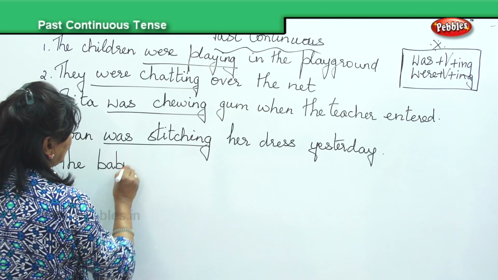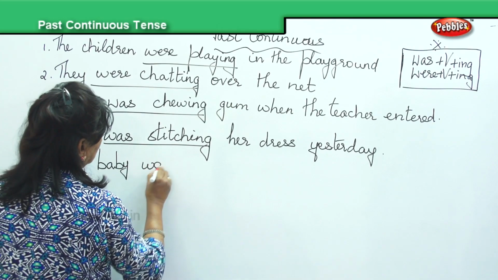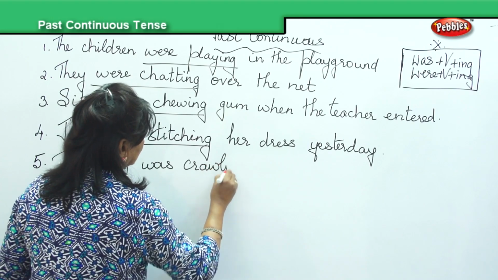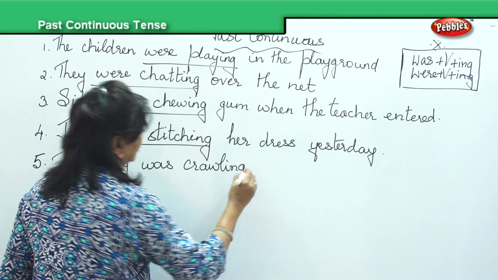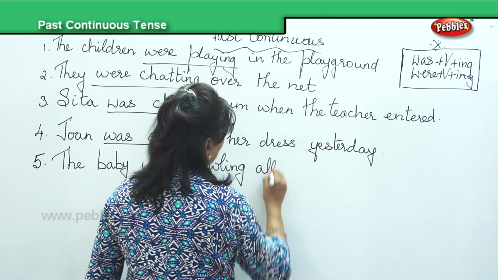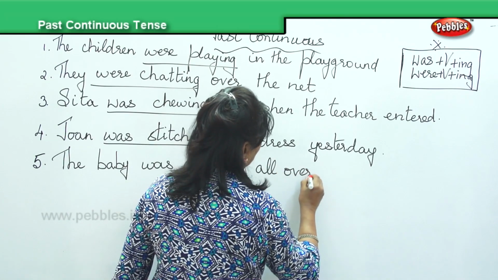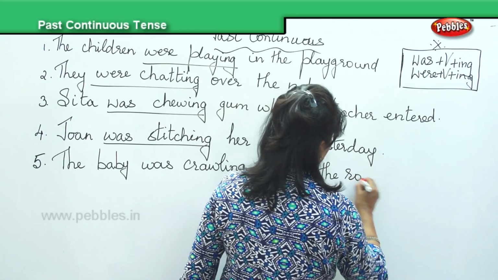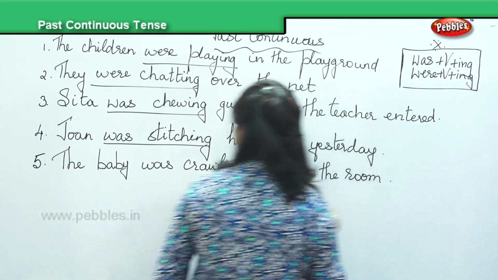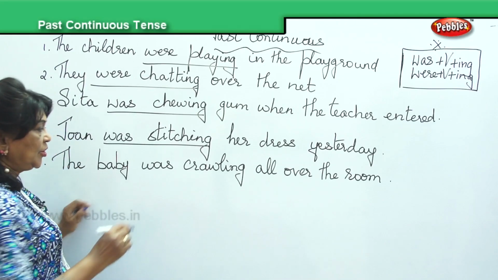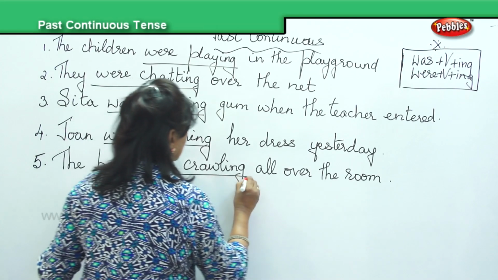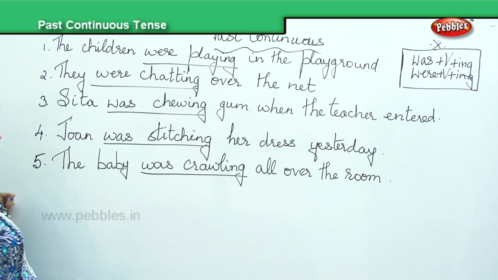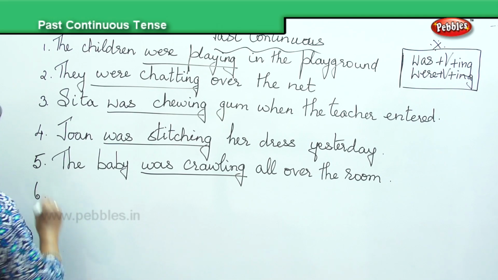The baby was crawling all over the room. Baby is singular, so was crawling all over the room. Next one.